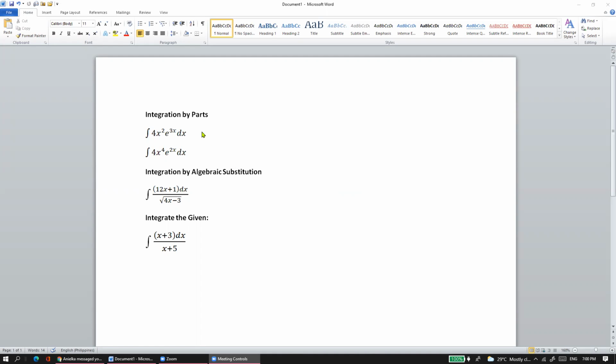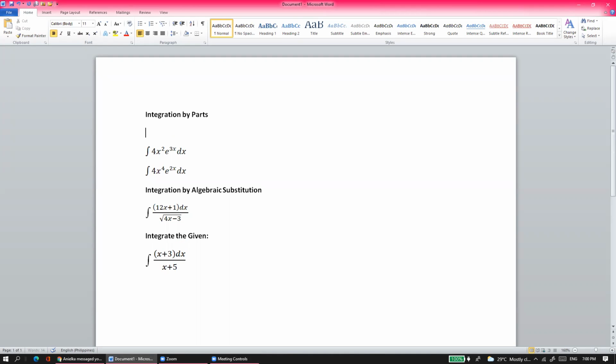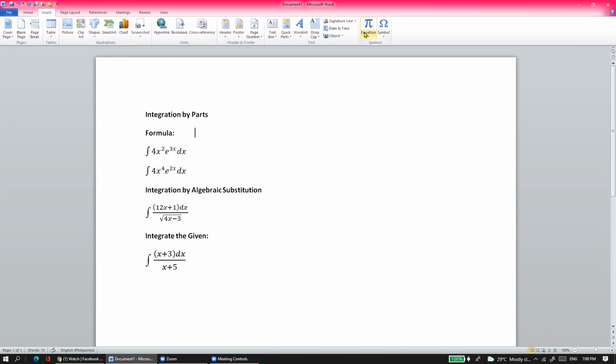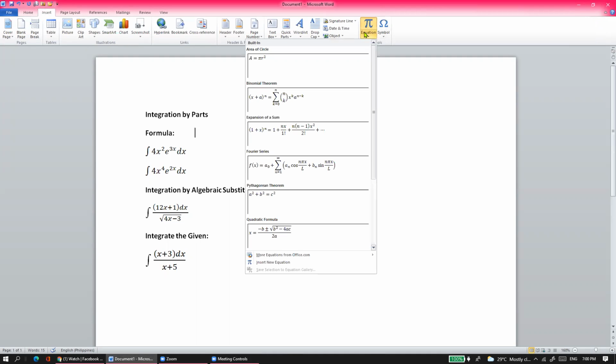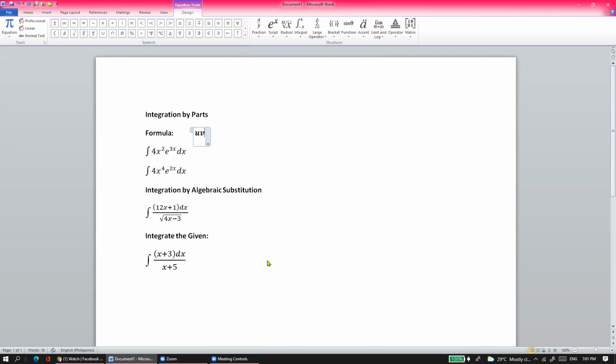Sa integration by parts, actually meron tayong sinusundan na formula at ito yon. We have actually this formula: uv minus the integral of v du.